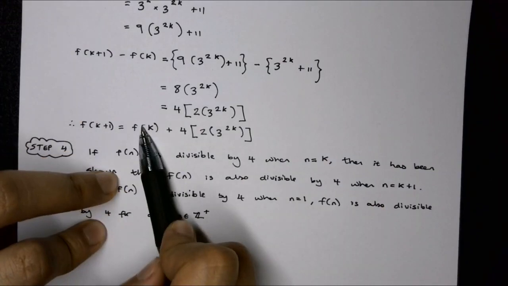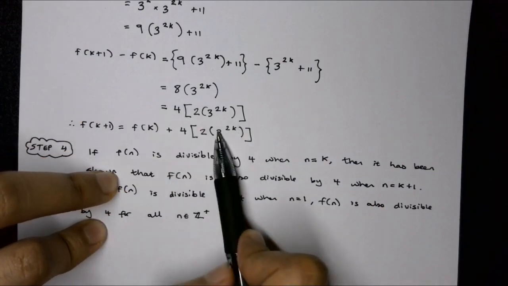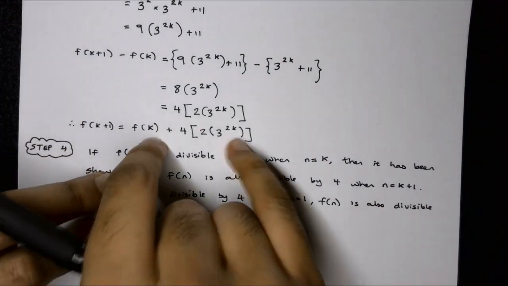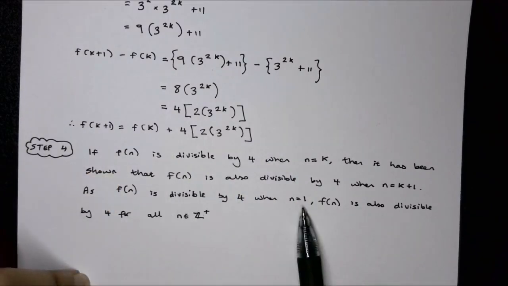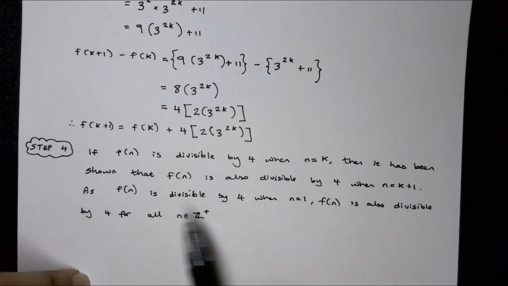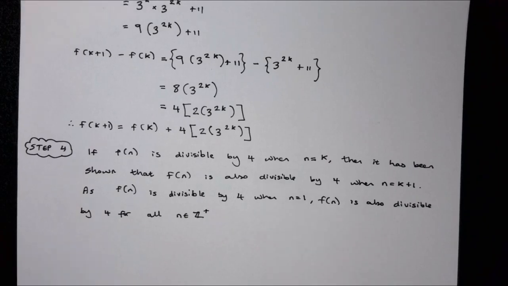This result is divisible by 4, this result is divisible by 4, so the entire thing is divisible by 4. And as f of n is divisible by 4 when n equals 1, that's from our first step, we can conclude that f of n is also divisible by 4 for all positive integers n.